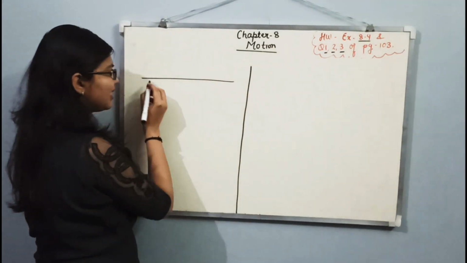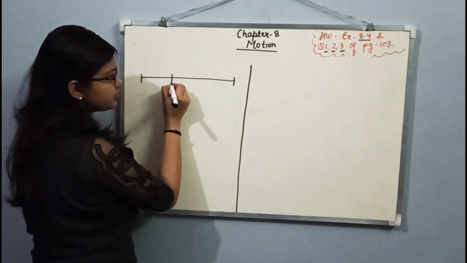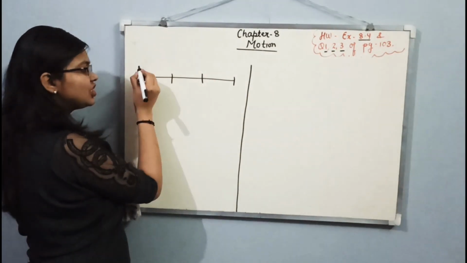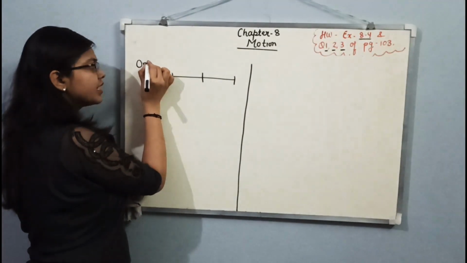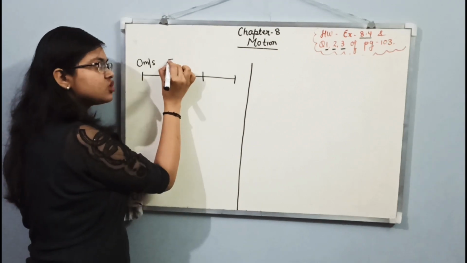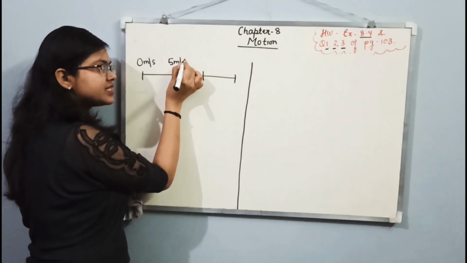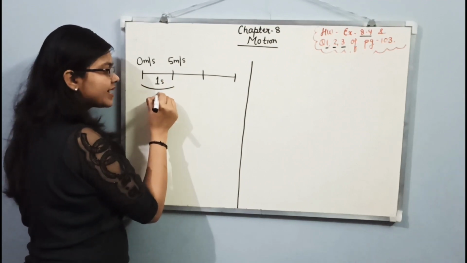This is my straight line road where I am dividing this road in 3 equal parts. Initially my car started with 0 meter per second and I acquired a speed of 5 meter per second in 1 second. So what will be my acceleration here?